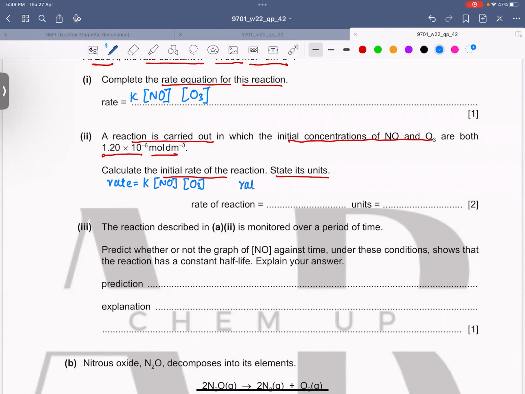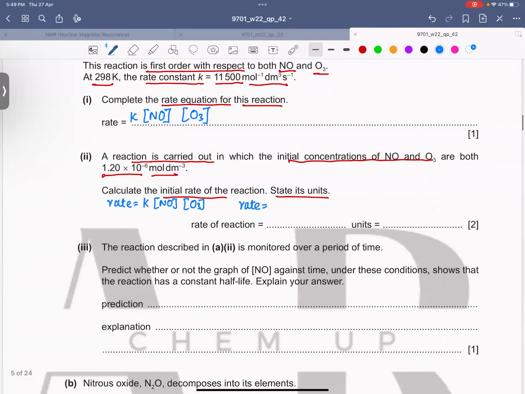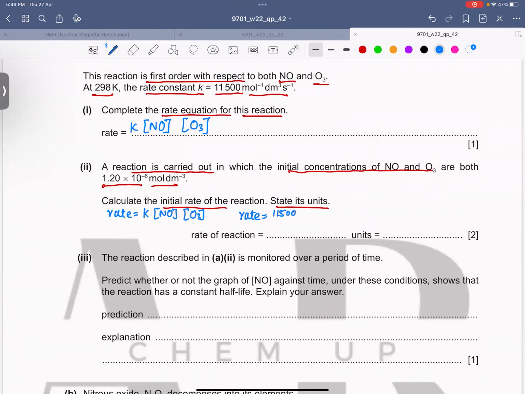So rate is equal to 11,500 times 1.20 exponent minus 6 times 1.20 exponent minus 6. Put it in the calculator and tell me the answer. Sir, 1.656 exponent minus 8. When I put it into three significant figures, it becomes 1.66 exponent minus 8.